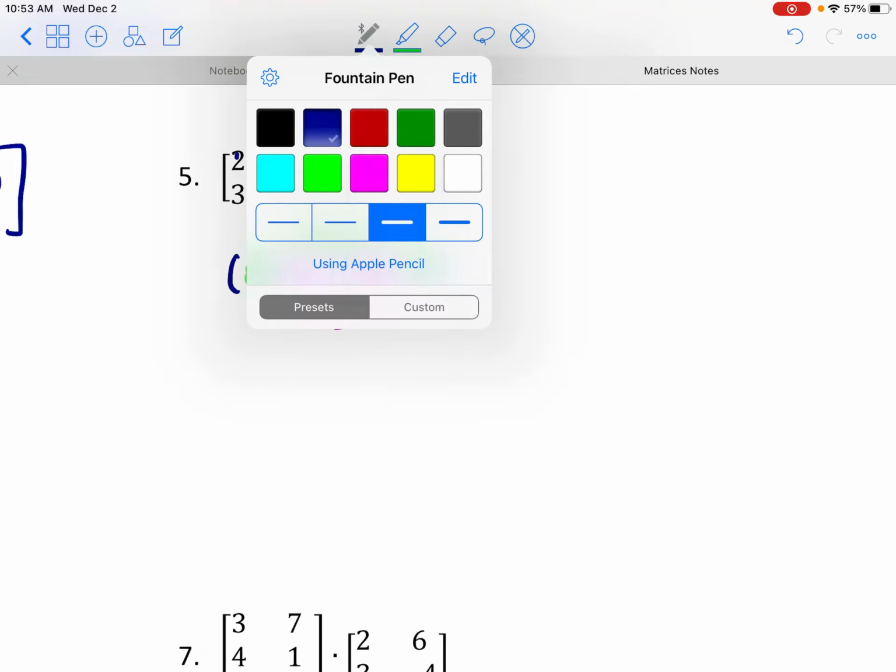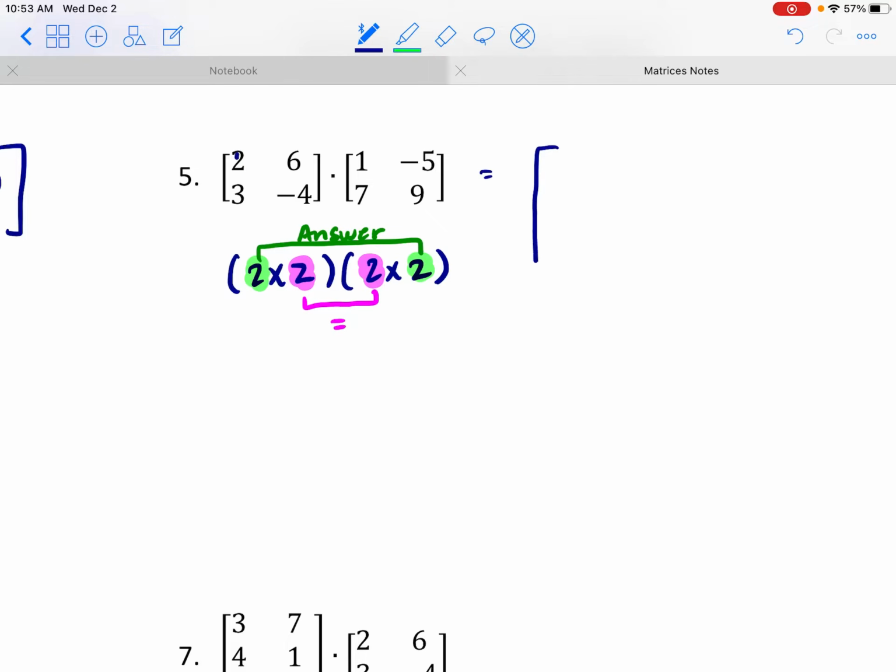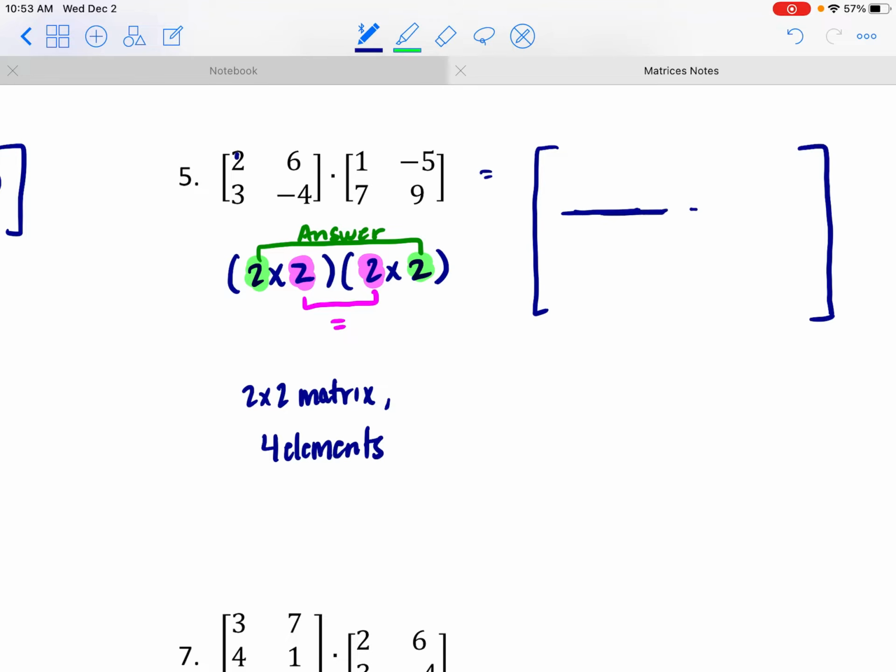Okay? So when I go to set this up, I want to put a lot of space in here, because we're going to be doing lots of multiplying and then adding. I want to build this 2 by 2 matrix. In a 2 by 2 matrix, we're looking at 4 elements, 4 spots we have to fill in. Now, think about the location of each of those spots.